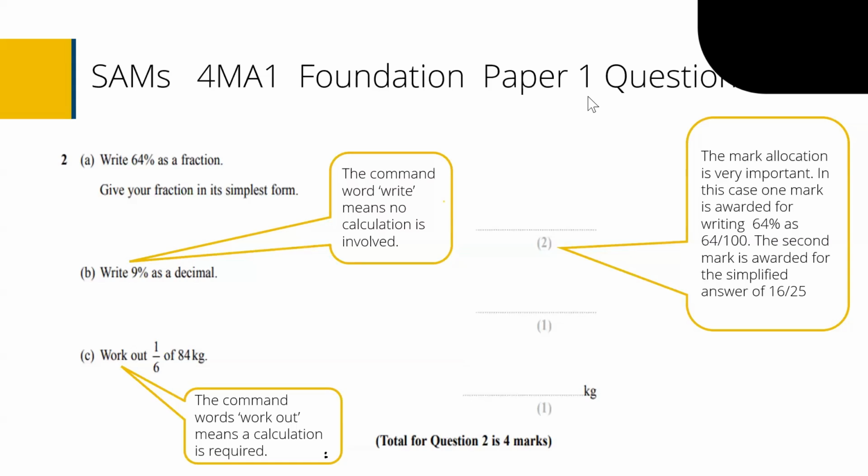Give your fraction, write 64%, write 9%, work out. So you've got those command words, and then you've got a 2-marker, 1-markers, and 1-markers here. So the allocation is important to have a look at as well.